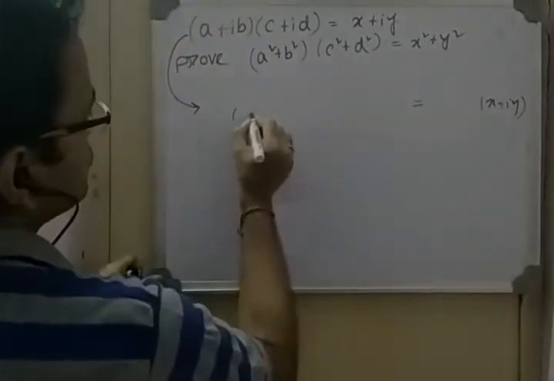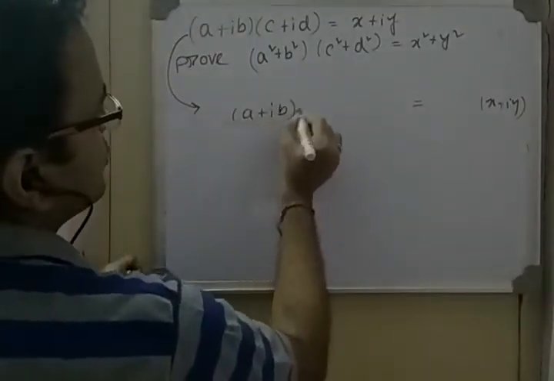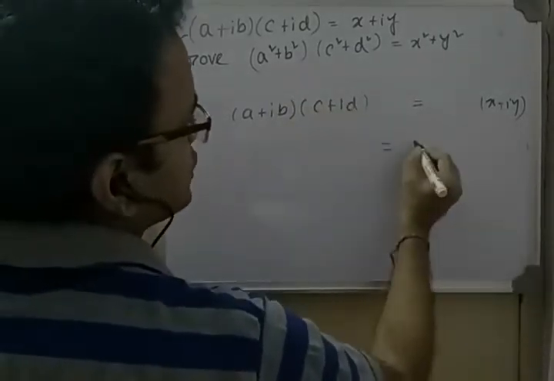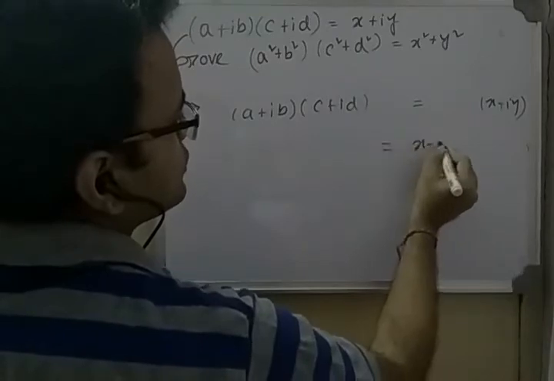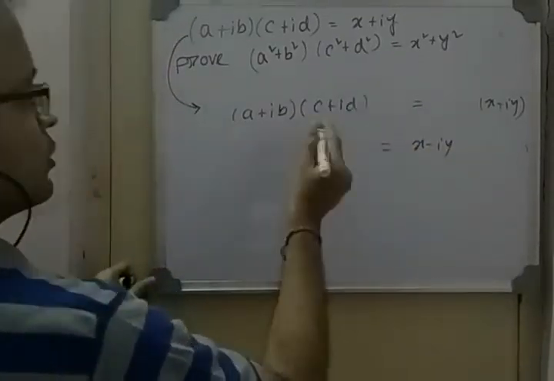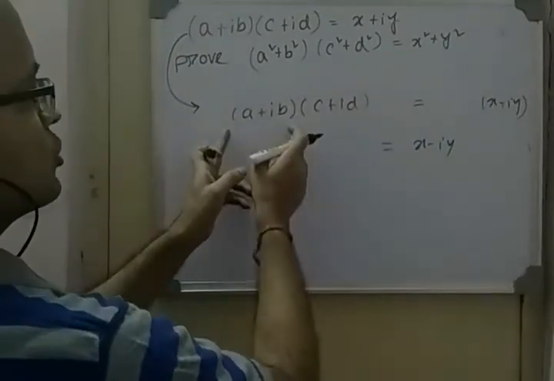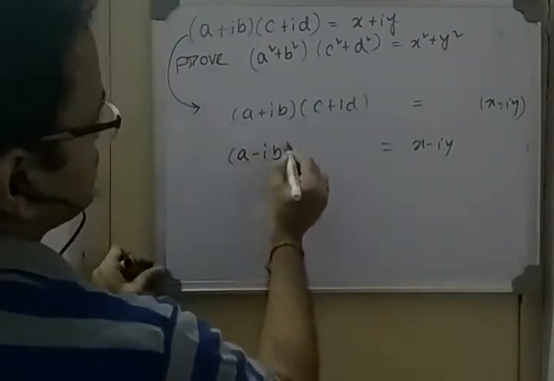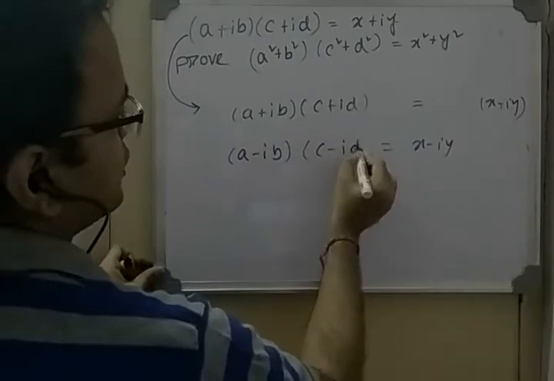This is given: x plus iy equals a plus ib into c plus id. So I will take the bar on both sides. So the conjugate of this becomes this. The conjugate of this becomes the conjugate of this into the conjugate of this. That means a minus ib into c minus id.